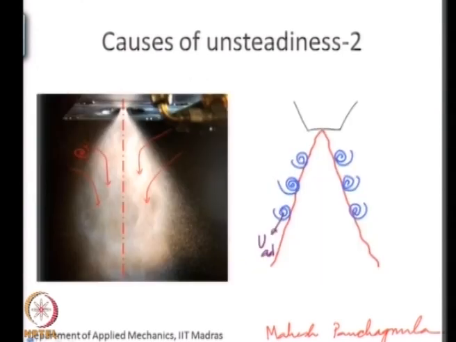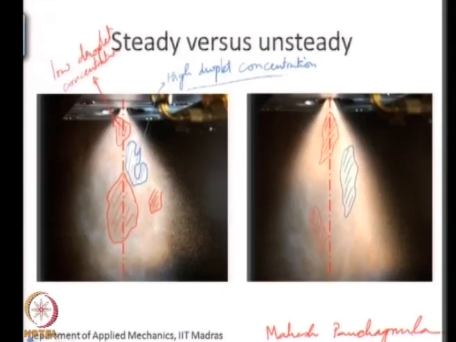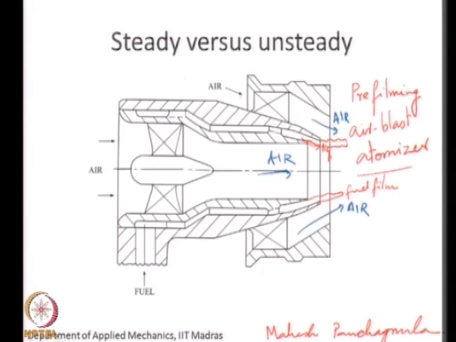So, let us come back to this image. Like we said, this is a pre-filming air blast atomizer spray. So, I have a spray, and outside the spray it is invisible in this photograph, but I have air. It is a swirling stream of air that is coming from this outer air. This outer air is like a sheet covering the outside of my spray.